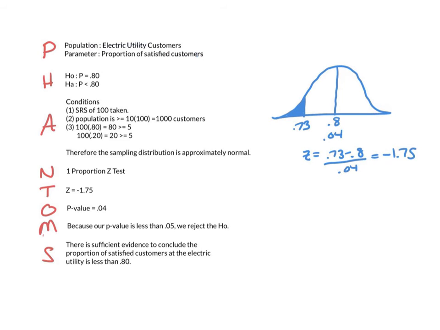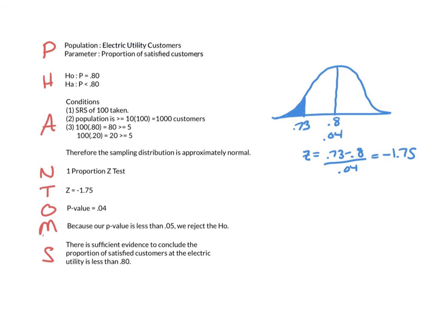The population is greater than 1,000 customers, and it's much greater than that, so we know we've satisfied that 10% rule. And then you have to show that 100 times 80% and 100 times 20% are both bigger than or equal to 5. Done. So then we say, therefore, the sampling distribution is approximately normal. All that is part of the A.